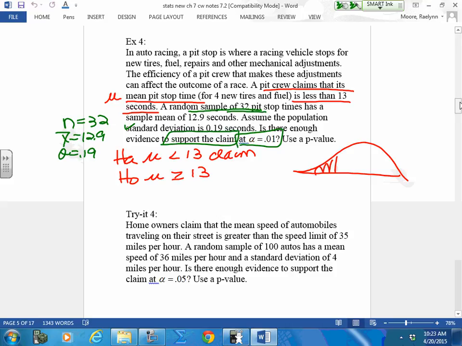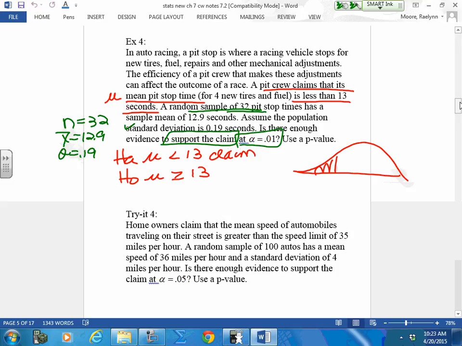First of all, they didn't tell me that this is normally distributed. Is that okay? Yes, because they gave me the n. Is my n greater than or equal to 30? Yes. So if the n is greater than or equal to 30, we assume it's a normal distribution. Now we can do this.